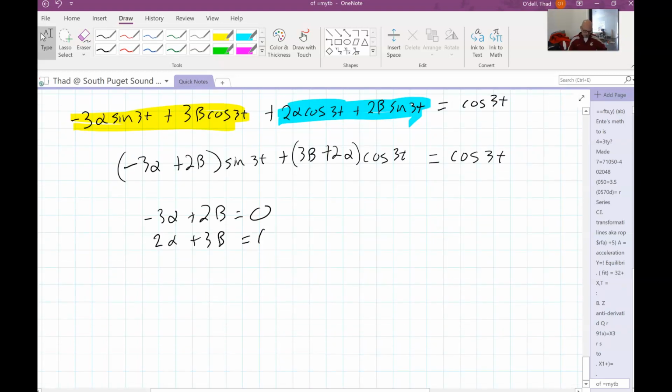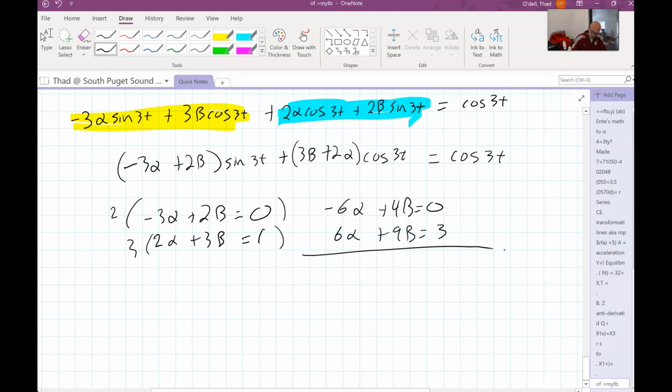So you remember back in Algebra 1, solving a system of linear equations, it shouldn't be too bad. I like the elimination method, so I'd probably multiply the top one by 2, the bottom by 3. That gives me negative 6 alpha plus 4 beta equals 0, and 6 alpha plus 9 beta is equal to 3. Add them together and I get 13 beta is equal to 3, which means beta is equal to 3 over 13.